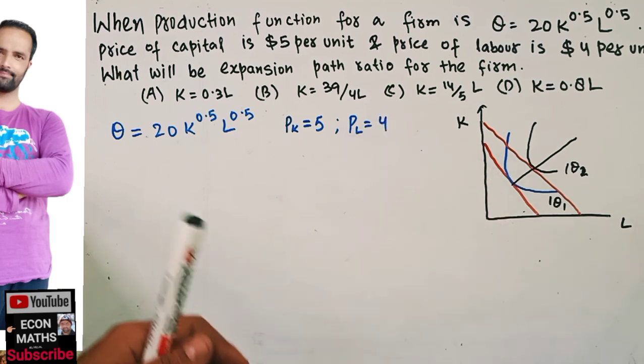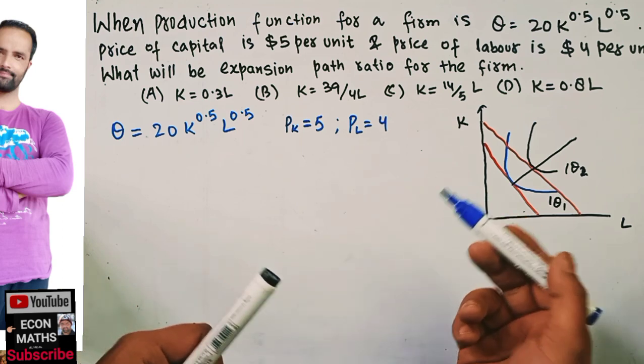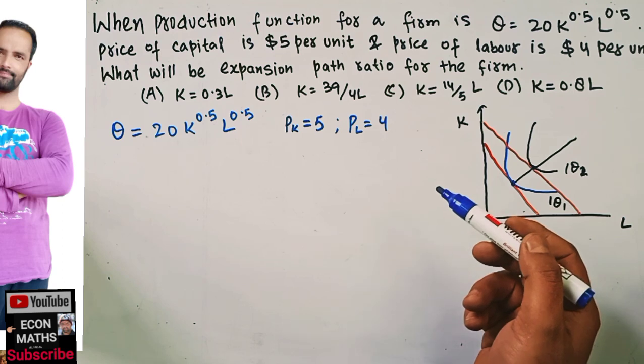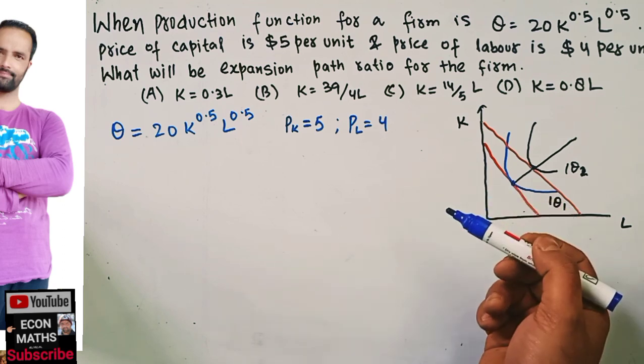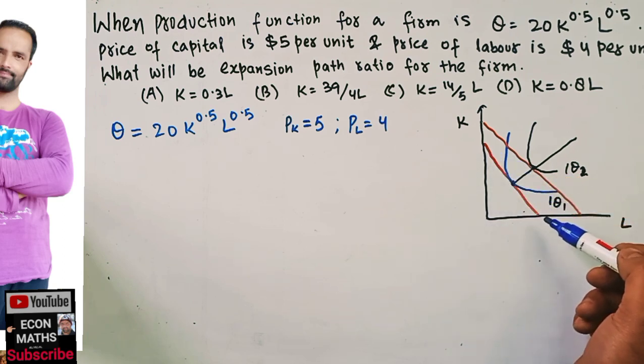Now to get the optimal points, the condition that should be satisfied is that the isoquant should be tangent to the isocost line.